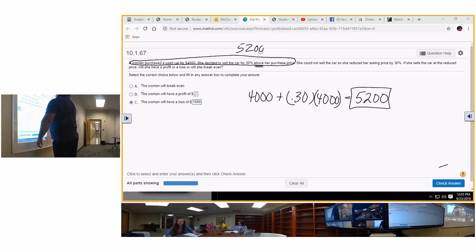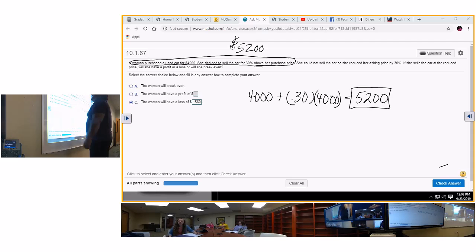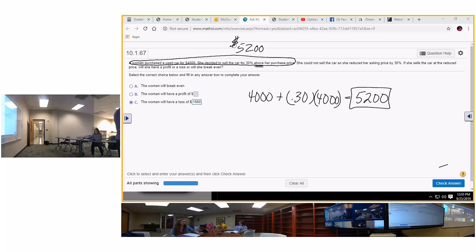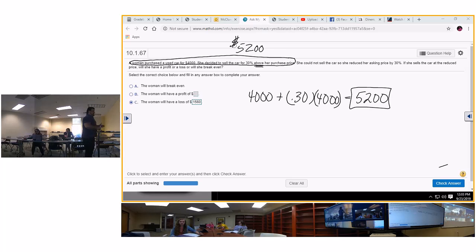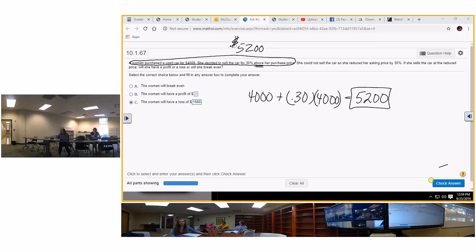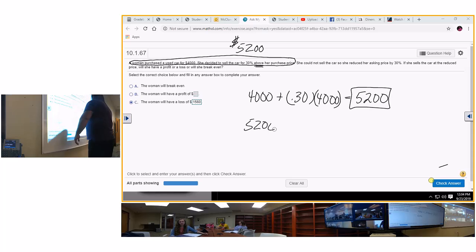So she puts it on the side of the road with a for sale sign on the front, and it's $5,200. And nobody buys it. So she says, well, maybe I need to knock 30% off of it. So then you go 5,200 minus 30% of 5,200.